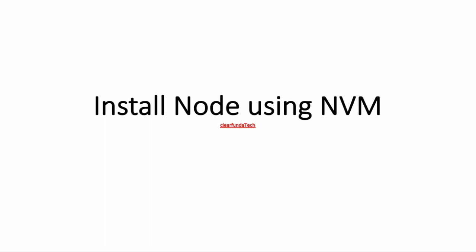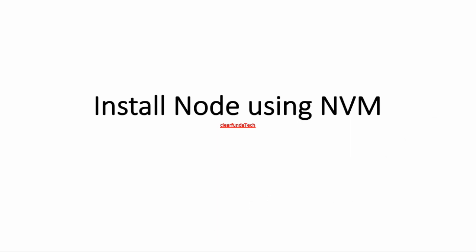You install the 12 version and you continue your work, you complete your task. Now you are moving to another project where we need 14 version. What do you do? You uninstall or you upgrade from 12 to 14. And if you have to switch back to 12, it becomes a very tedious task. To manage this, we need NVM. Using NVM, our task becomes very easy to maintain multiple node versions. Let's start installing.